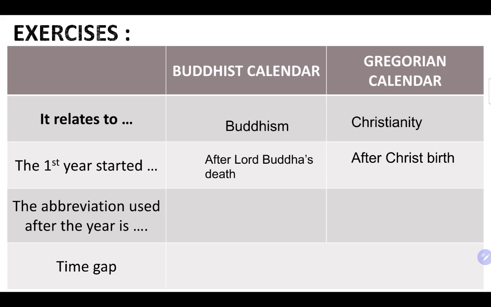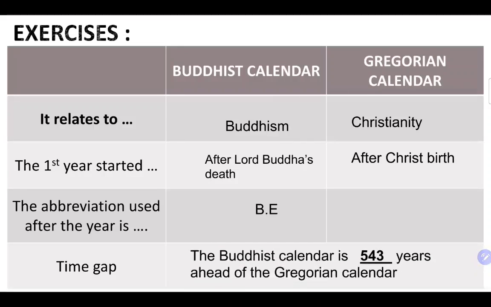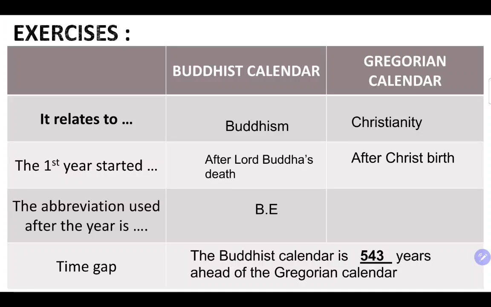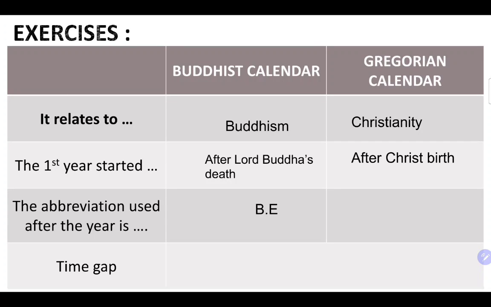What abbreviation is used after the year in the Buddhist calendar? It is BE. Very good. BE stands for Buddhist era. How about in the Gregorian calendar? What abbreviation do they use? It is AD.